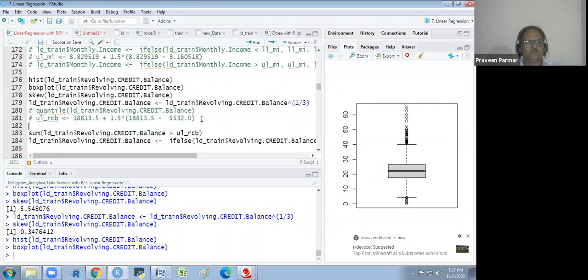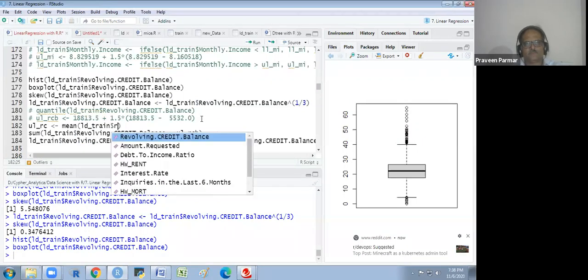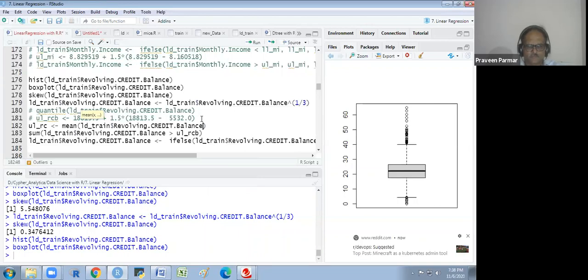and we'll find out the upper limit of RC, and it would be the mean of RC plus 3 into SD for the upper limit.